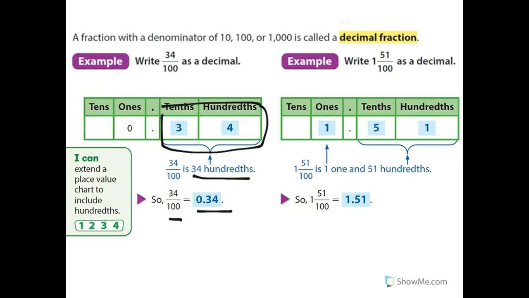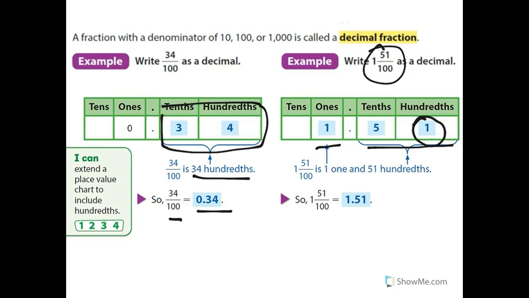And then our other example is write 1 and 51 hundredths as a decimal. So writing this decimal fraction as a decimal. So we got 1 in the whole number and then 51 hundredths as the decimal. Notice that the last digit tells us the name of the decimal and how we say it.